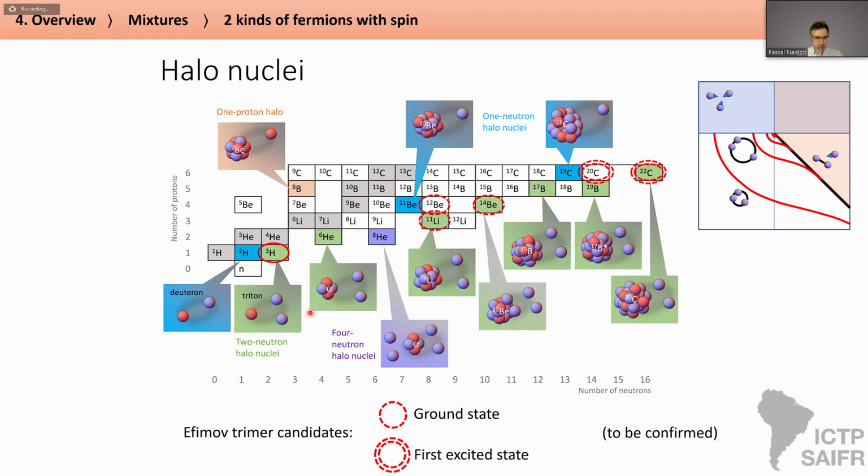Of course, we've already seen the triton, which is the particular case. Actually, this core is just a proton in this case. So we've seen that it may be regarded as something connected to a ground state Efimov trimer, although that's not a very good example. Now, what about these ones?